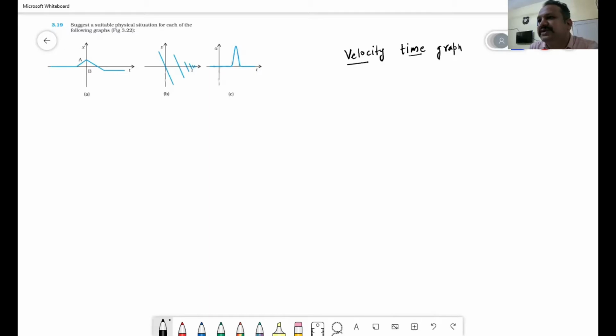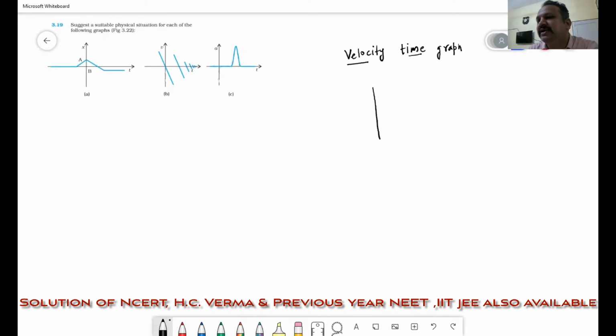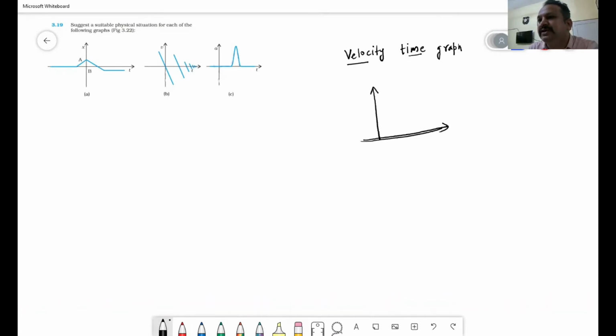What does it represent? I have a graph in which one axis represents velocity and the other axis represents time. Maybe I am taking just an example of a straight line to understand what it represents.